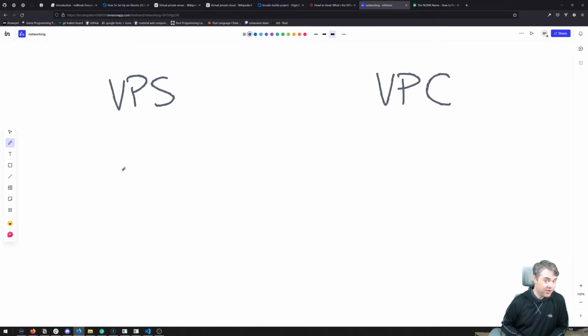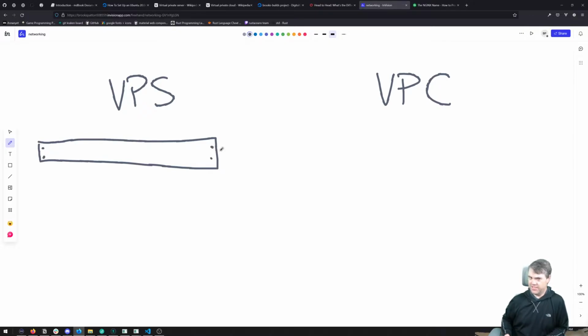So imagine that you have a computer and it's a server. I'm going to try to do my best to draw a 1U. The 1U is just a clever way of saying it took up one space in a server rack. So we have this server here, and it goes into some kind of rack with many other servers.